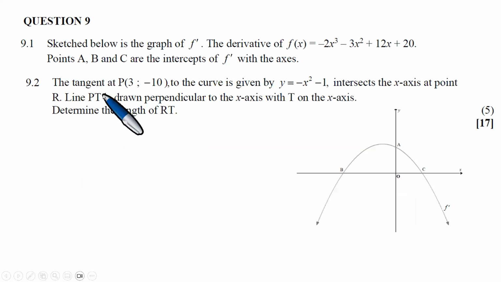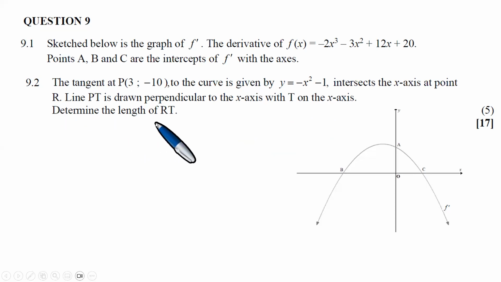Right, so you have this. The tangent at P to the graph is given by this. It intersects the x-axis at point R. Line PT is drawn perpendicular to the x-axis with P on the x-axis.